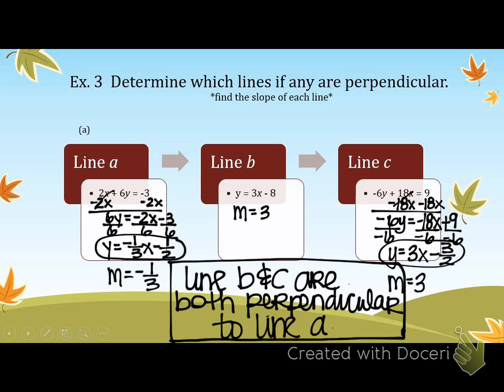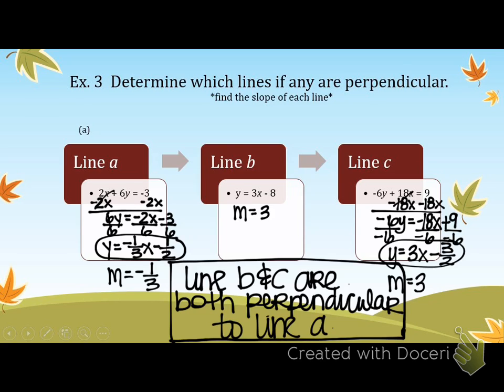However, if we wanted to go a little deeper, what else could we say is true about line B and line C? They are parallel because they have the same slope. Okay, but this question focused on perpendicular, so line A is perpendicular to both line B and line C.